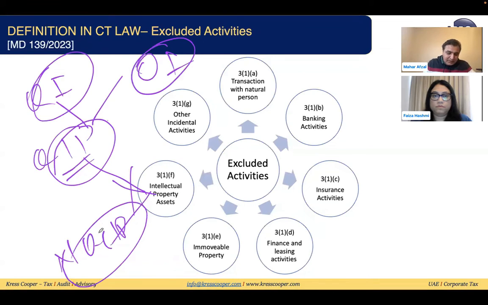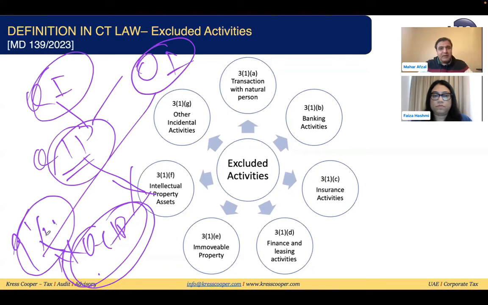This income, and the income from the non-qualifying intellectual property, some portion of the income of the qualifying intellectual property, these two incomes will be straightforward subject to tax at 9%. It will not be considered for the de minimis. I think in the previous slide, I mentioned that it will be considered for the de minimis criteria. Apologies for this. These two incomes will not be considered for the de minimis criteria. It will be straightforward subject to tax at 9%.